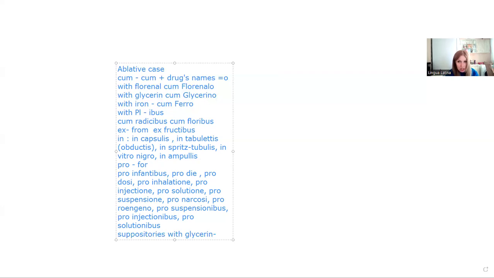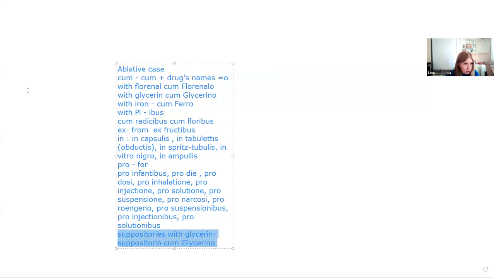I remind you that the drug form is always in the nominative case. Suppositoria. With is cum. Glycerin is a drug name, so we need the ending o. Cum glicerino. Rather easy. Suppositoria cum glicerino.